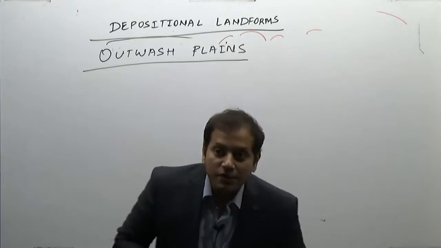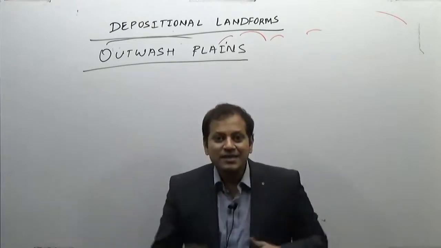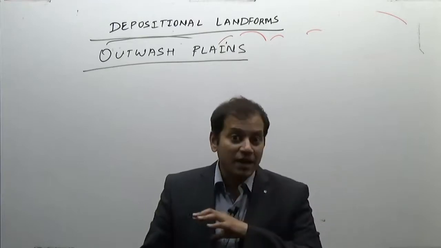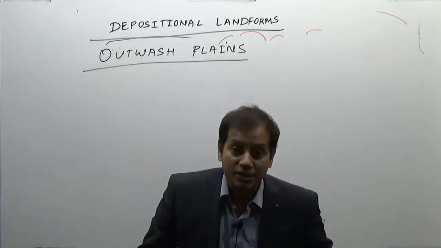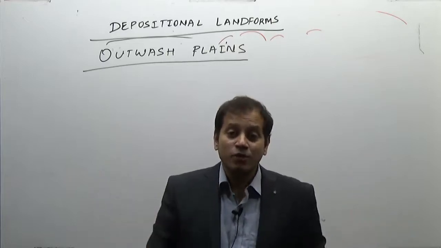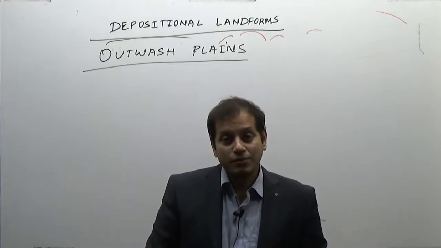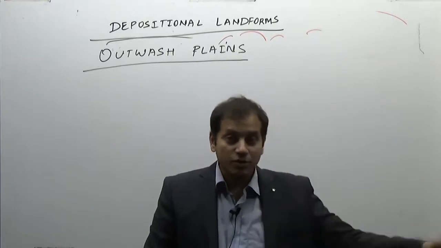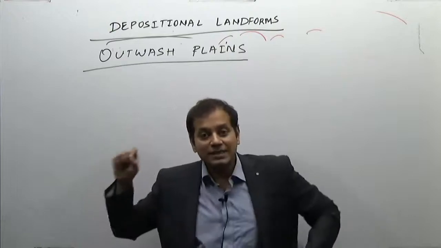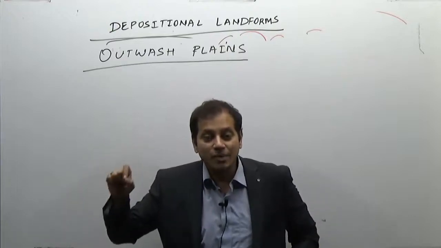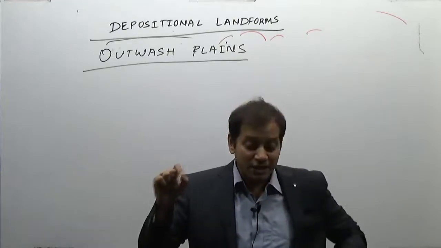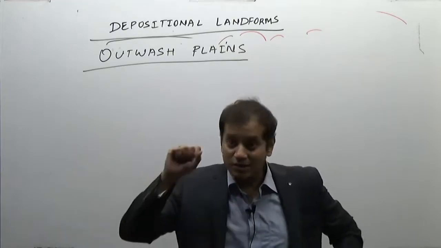Now what does the word outwash plains mean? These are the last sites of glacial deposition, where the glacier has melted and resulted in the formation of water. Now we know that one of the peculiar characteristics of glaciated topography is scratching on the surface.